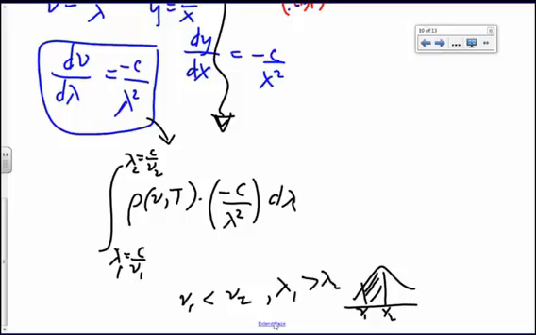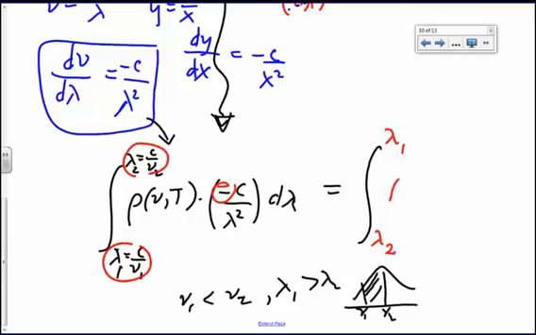So if you want to start from the lower lambda to the higher lambda, you switch these limits. So you integrate from the lower lambda, which is lambda 2, to the higher lambda, which is lambda 1. If you switch limits of a definite integral, you get the negative of the original, so that negative sign disappears.